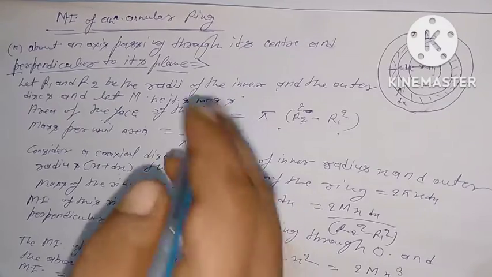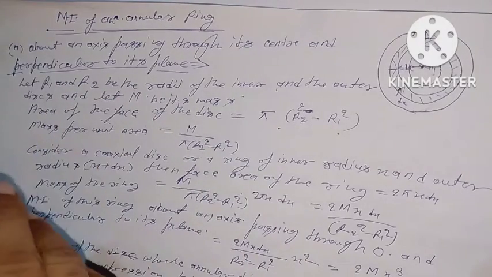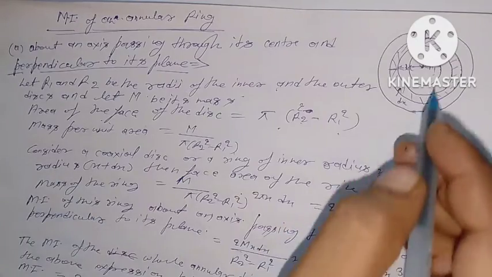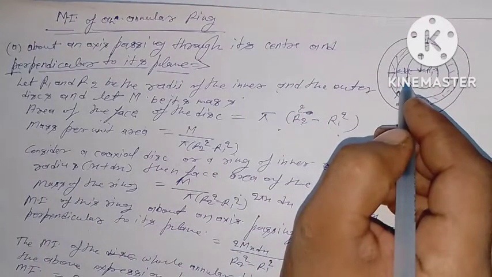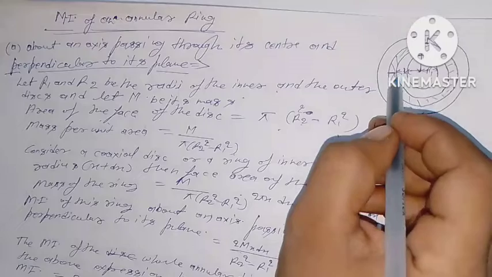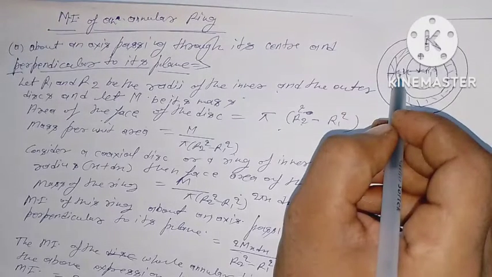Now consider a coaxial disc or ring of inner radius x and outer radius x plus dx. Then the face area of the ring is 2 pi x dx.